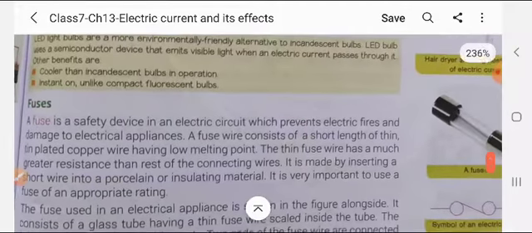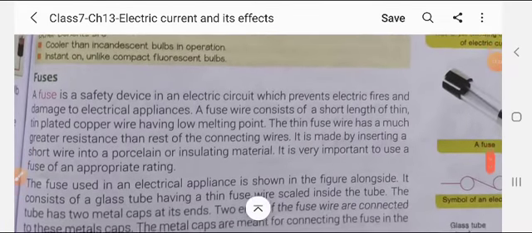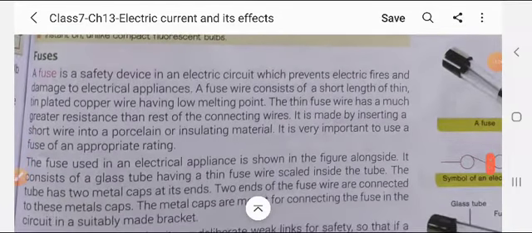Now, students, my topic is the fuse. What is a fuse? Students, there is a safety device present in electric utensils as well as applied in the boards to keep the electric appliances safe from heavy power of electric supply.